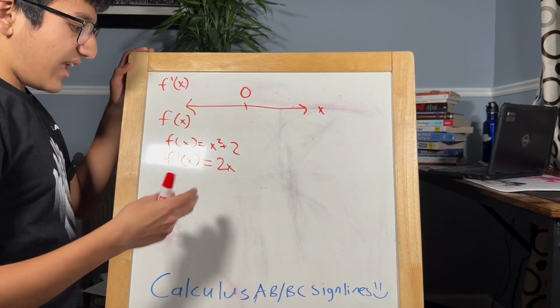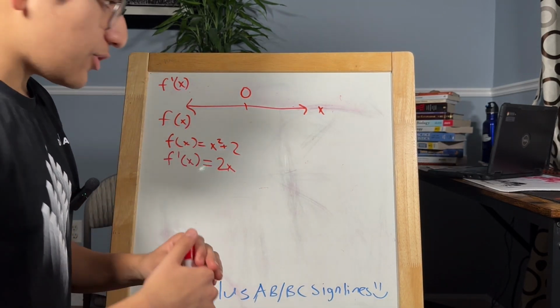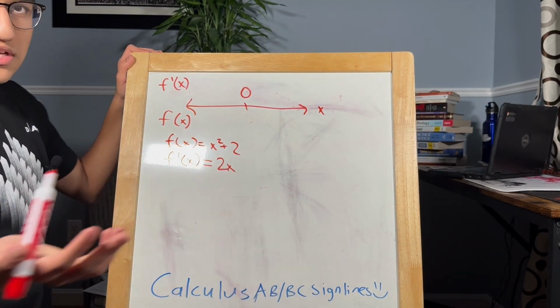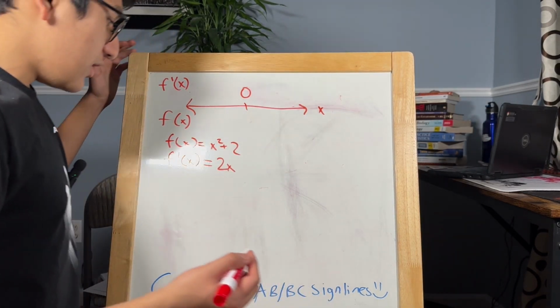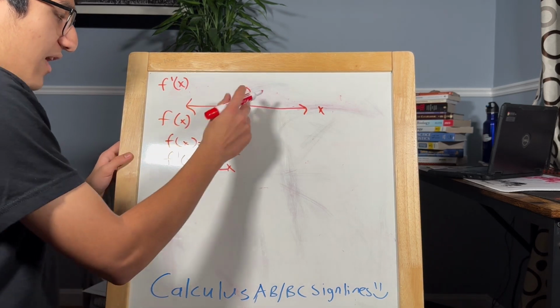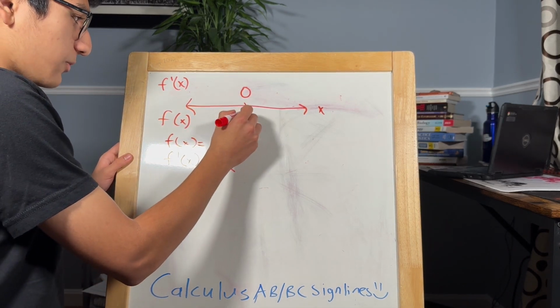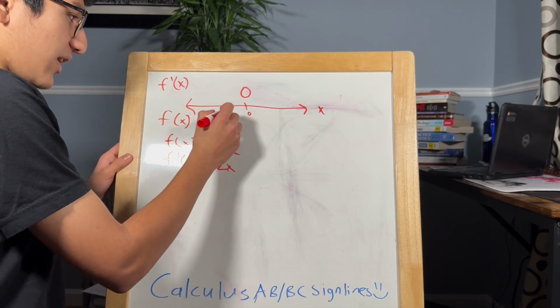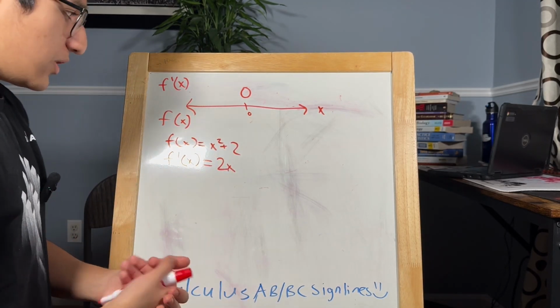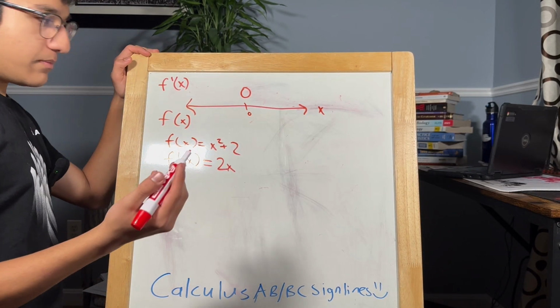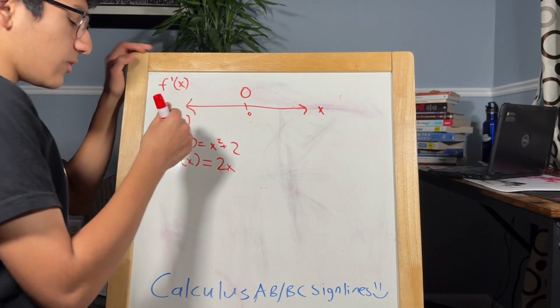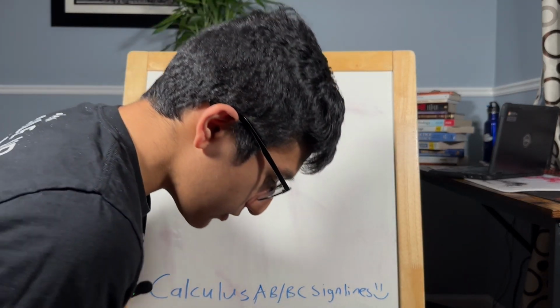And now we have to think a little critically. Imagine, this is not an official limit over here, but imagine any value before 0, so -1, -2, to negative infinity, what would f prime of x be? Well, we know that it would be negative. So let me change colors real quick so it's a little easier to see.